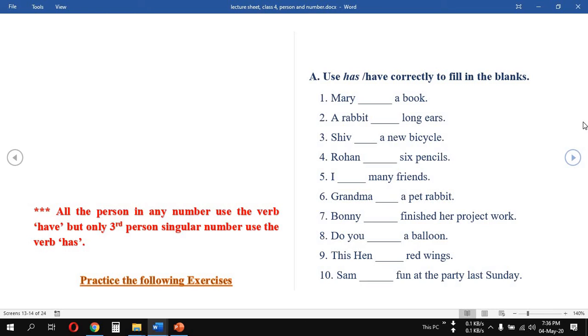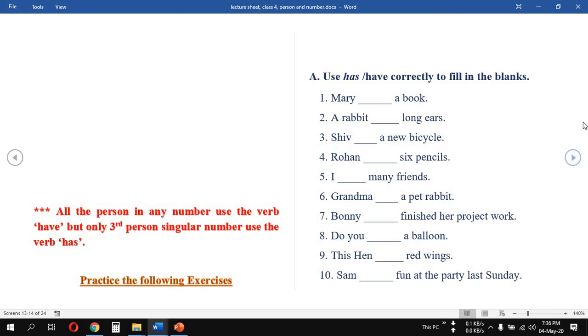Mary dash a book. Mary, what is she? Is she a second person, first person or third person? Or is she a singular number or plural number? Before choosing the answer, you have to identify the number and person for the subject.